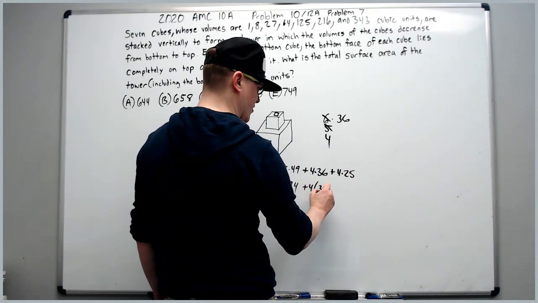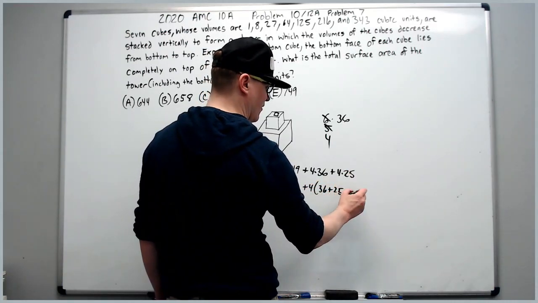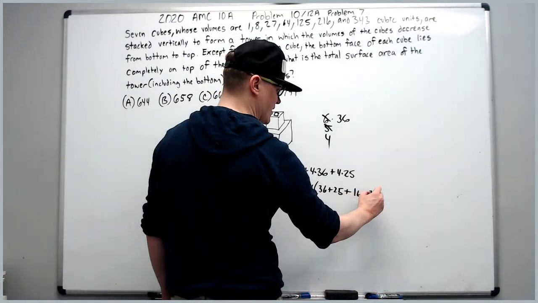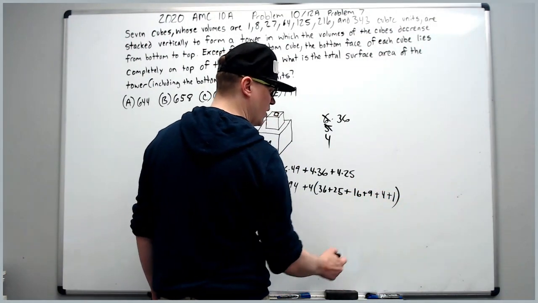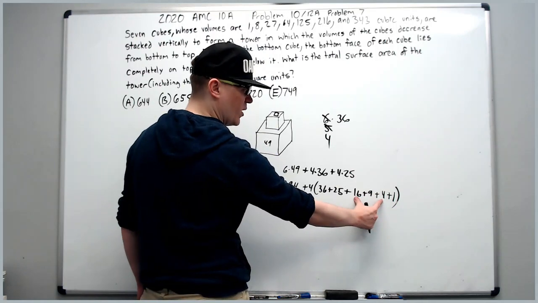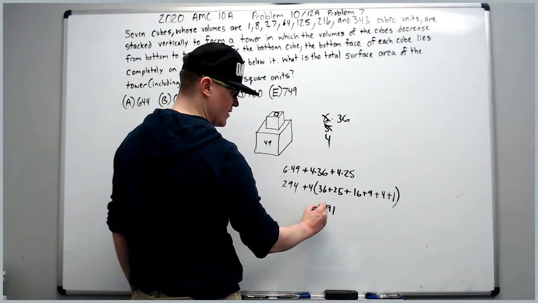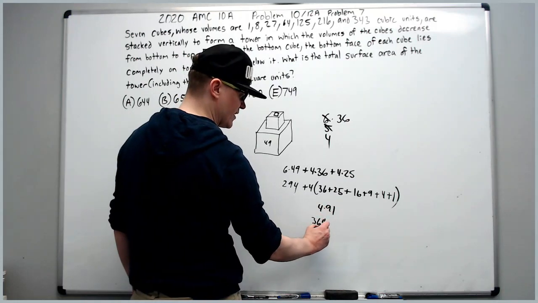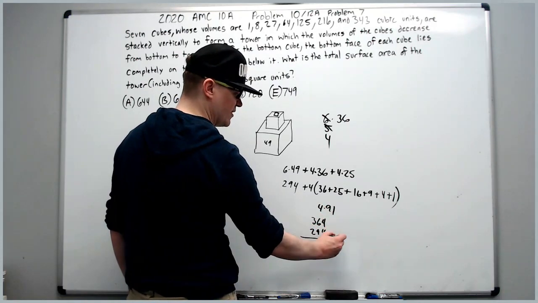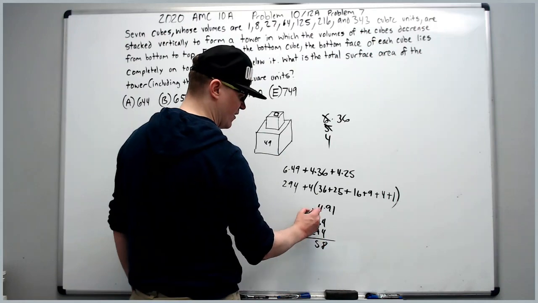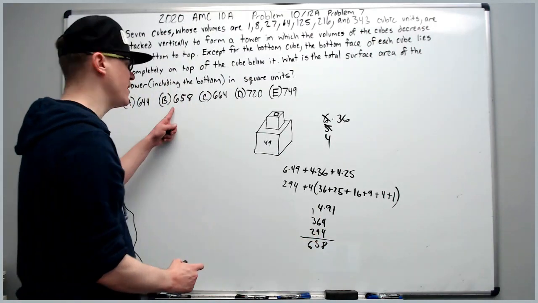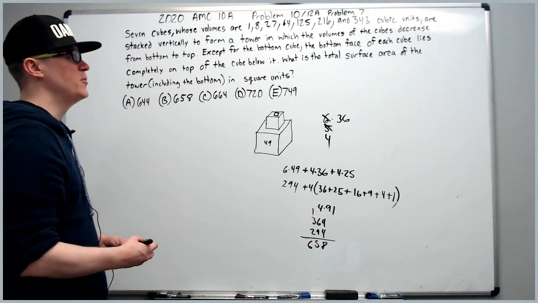Plus 4 times 36 plus 25 plus 16 plus 9 plus 4 plus 1. 10 and 20 is 30. And this is 61 to give 91 times 4 is 364. Add 294 to get 658, which is answer choice B.